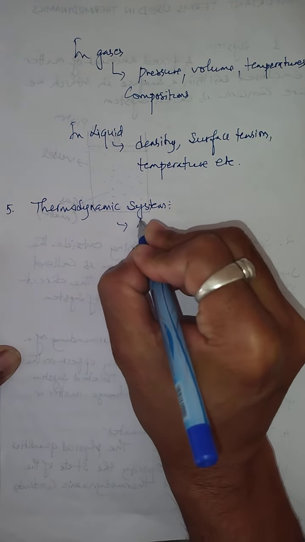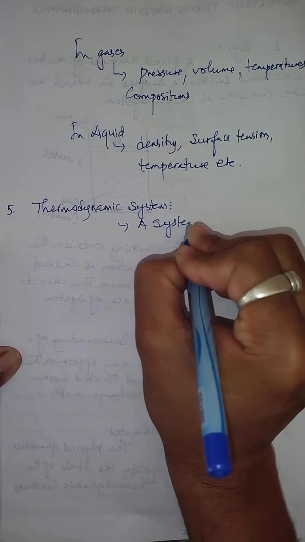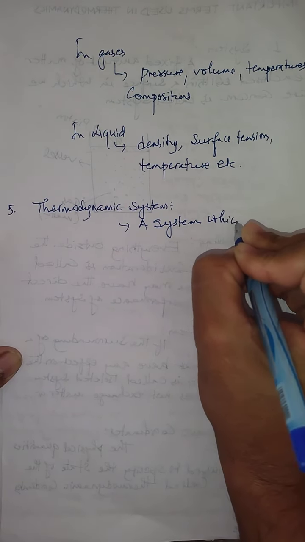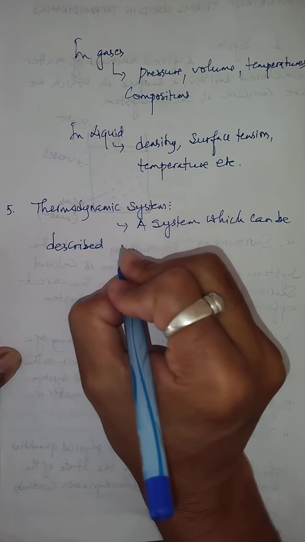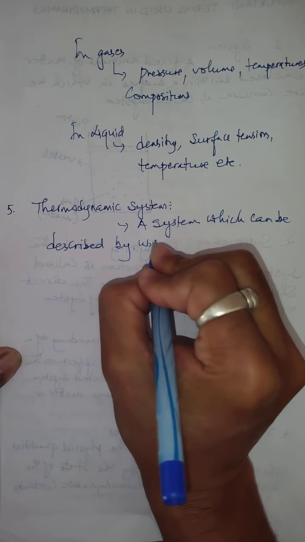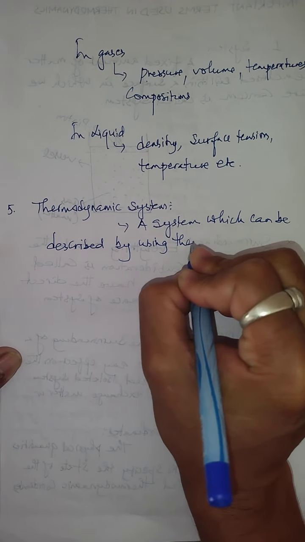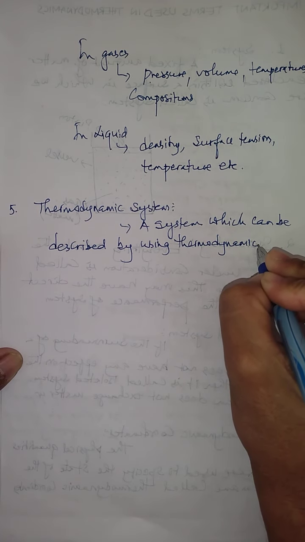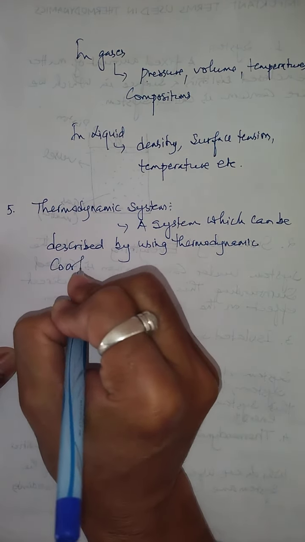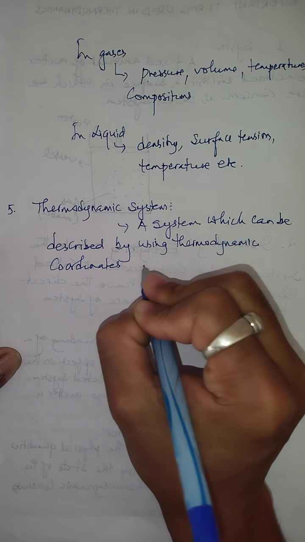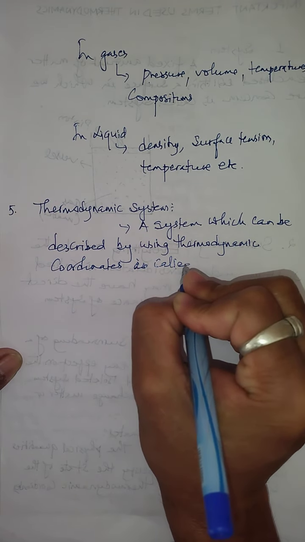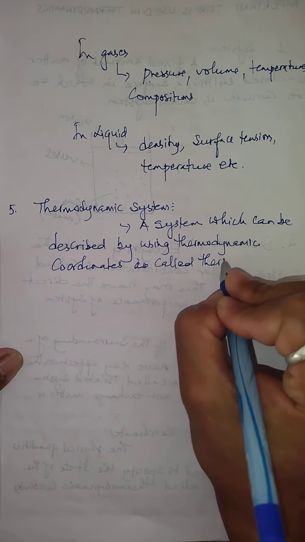So just add a point: a system which can be described by using thermodynamic coordinates is called a thermodynamic system.